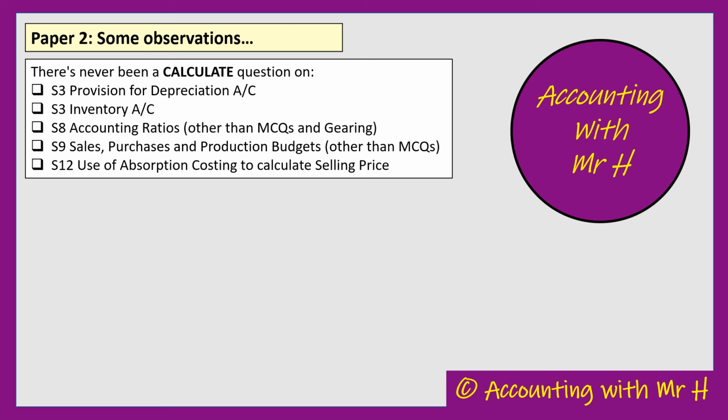So other than just the odd bit in a multiple choice question, they haven't tested sales budgets, purchase budgets, or production budgets. I mean, in fairness, they are the easier budgets, so I suppose they might not want to give away too many marks, which is probably why they tend to do them in multiple choice questions. But they could twist it, they could complicate it in some way, they could throw it out as a little bit of a calculate question in section A. So I'd just be making sure again I know the structure of those three budgets.